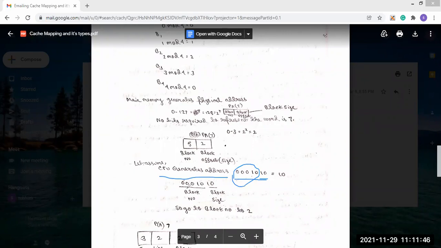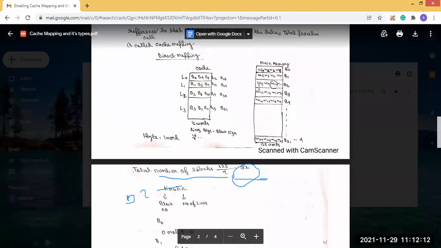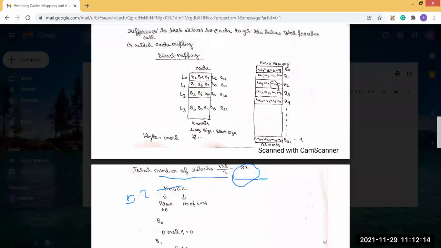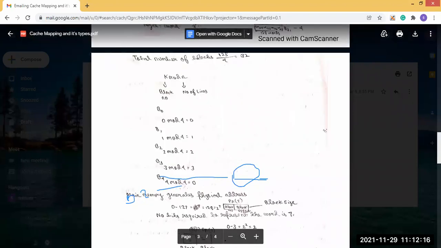So it is 00010, and if we convert it into decimal, it will be 2. So in block number 2 we have to go. What are the words present in block number 2? Word 8, word 9, word 10, and word 11.